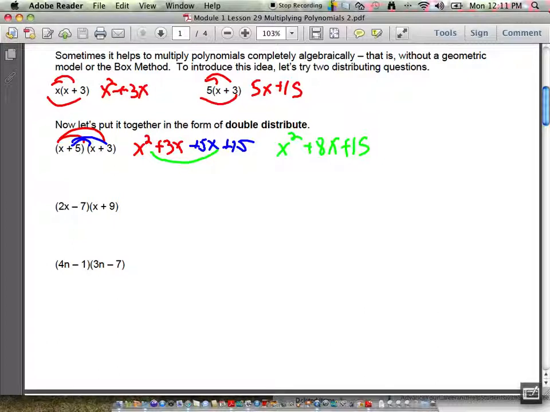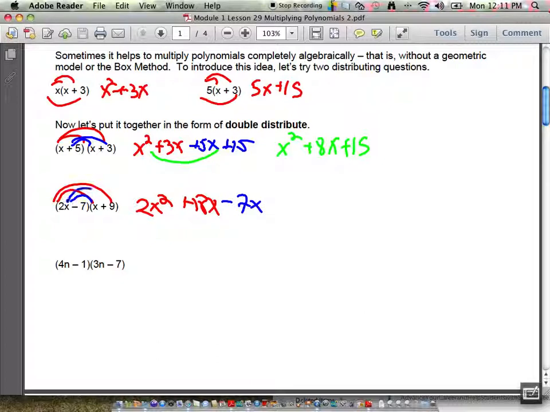Okay, so if I distribute the 2x here, what's 2x times x? 2x squared, good. And then what's 2x times 9? Guys, what is it? 18x, good. All right, so now I'm going to switch off to covering up the 2x, but be careful, what kind of 7 is that? All right, so what's negative 7 times x? Negative 7x.